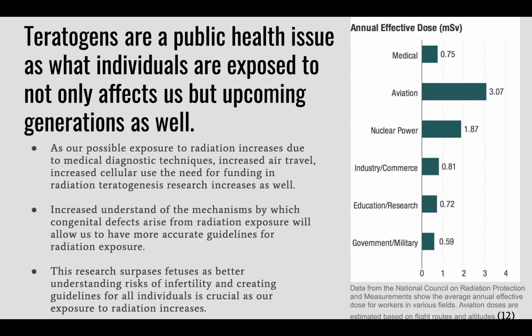Increased understanding of the mechanisms by which congenital defects arise from radiation exposure will allow us to have more accurate guidelines for radiation exposure in developing humans. This research surpasses fetuses because better understanding risks of infertility and creating guidelines for all individuals is crucial as our exposure to radiation increases. The image on the right shows the average doses for a worker in each corresponding field.